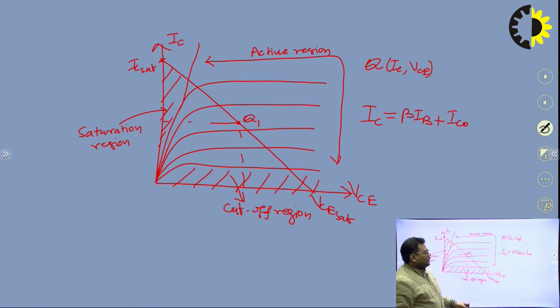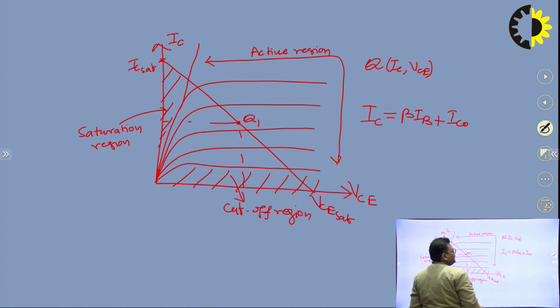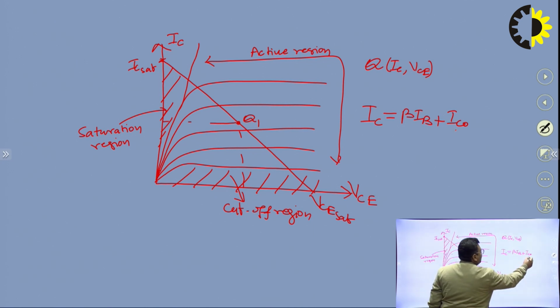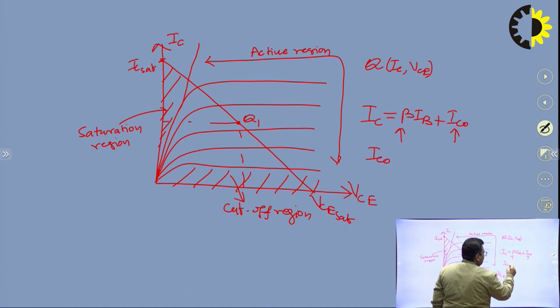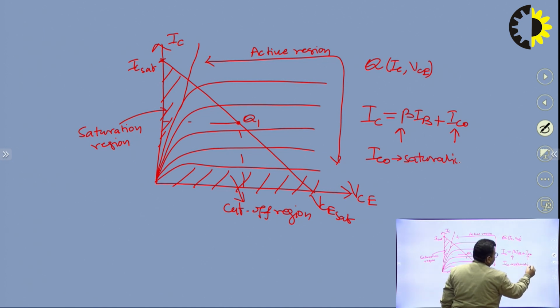When the input we have open circuited, the current flowing through the transistor is called saturation current, ICO. In this equation we can see IC depends on ICO, IB and this factor beta, right?